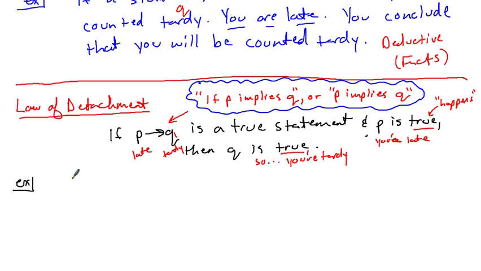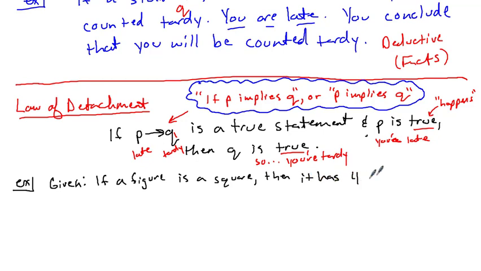So here's our example. So in geometry, you're going to see this a lot. You're going to be given information. Okay, so we're going to be given this statement. If a figure is a square, then it has 4 sides.